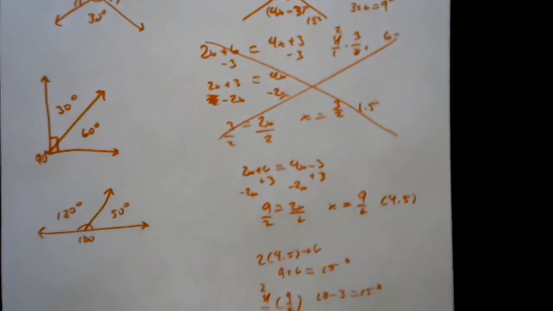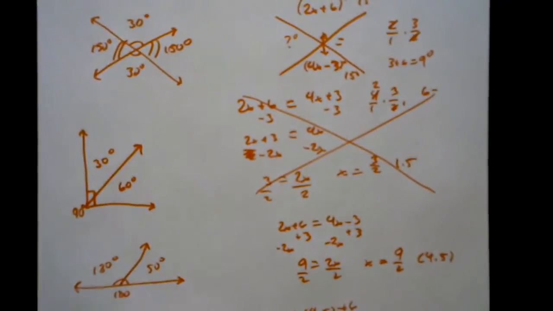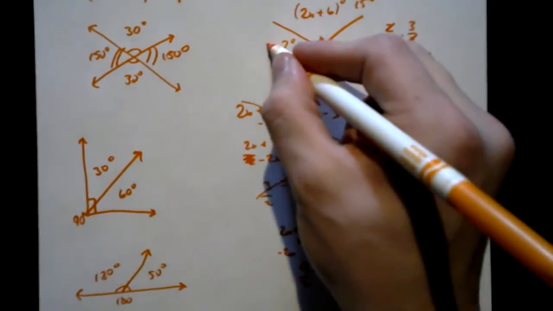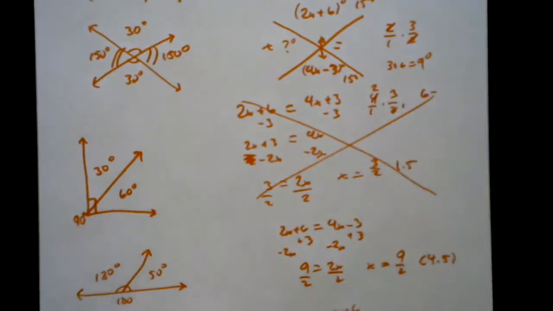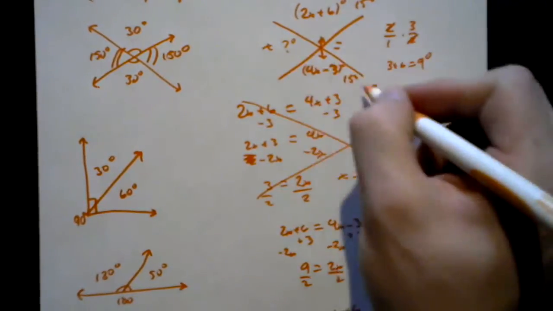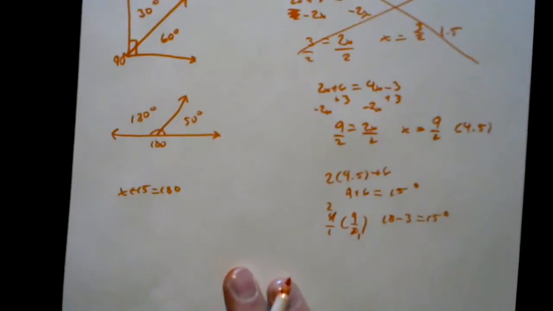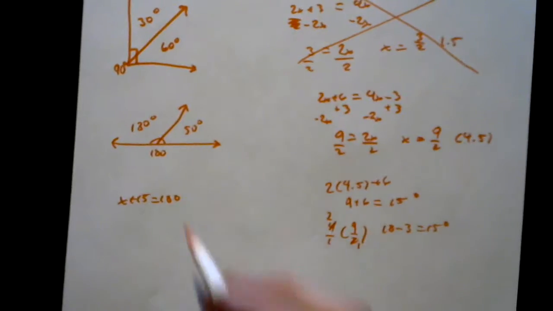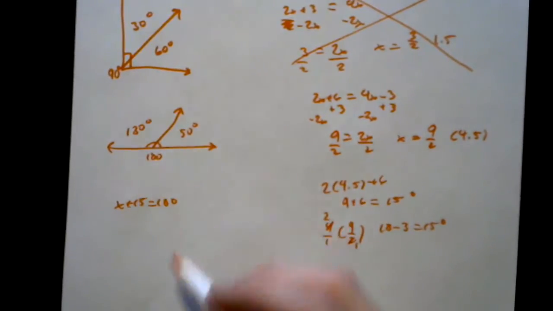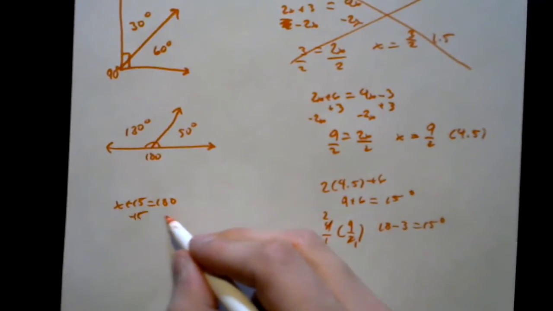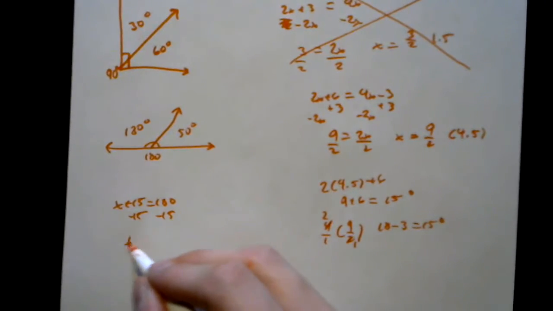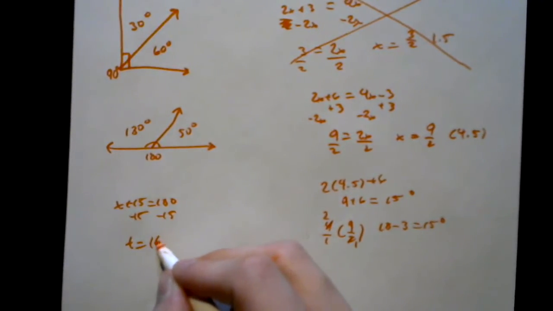So knowing that this angle, we'll call this x, and this 15, both of these things have to equal 180. My bad. There we go. So this and this has to equal 180. We'll minus the 15. X equals 165.